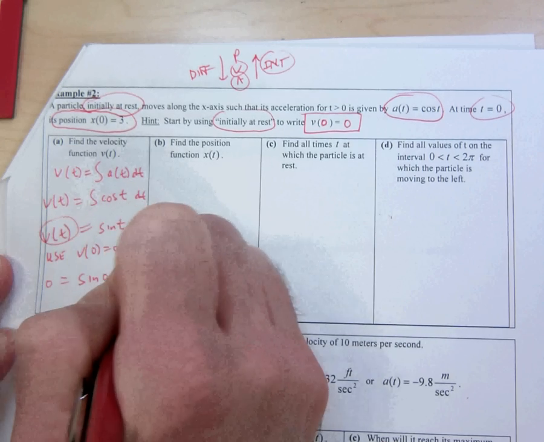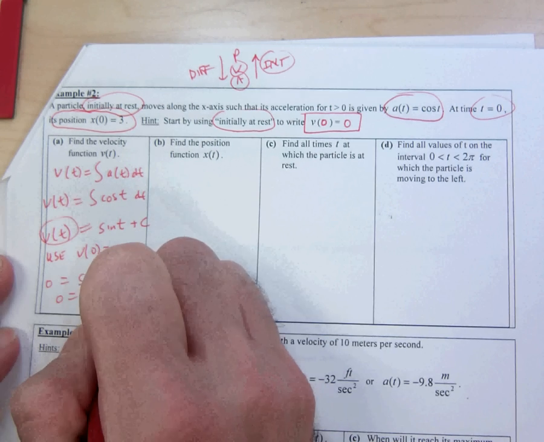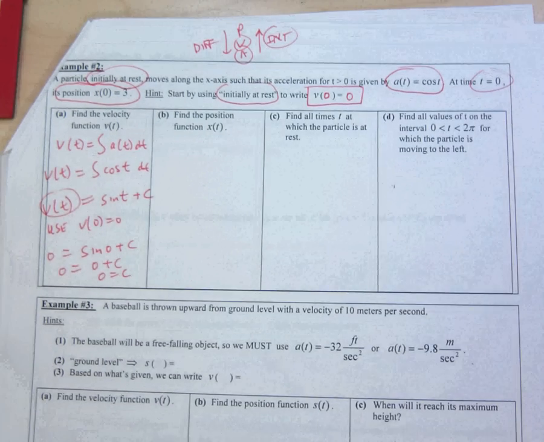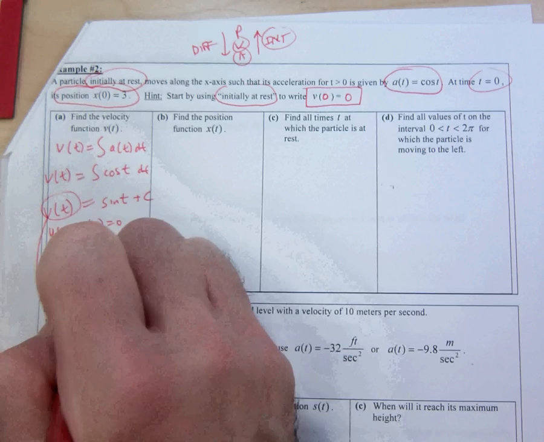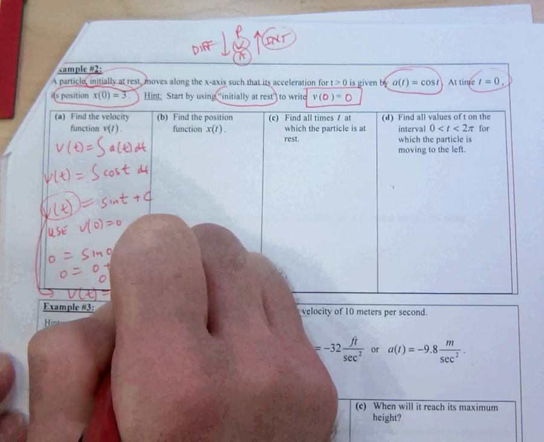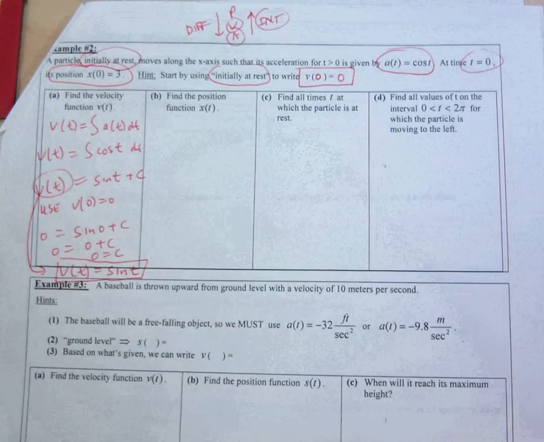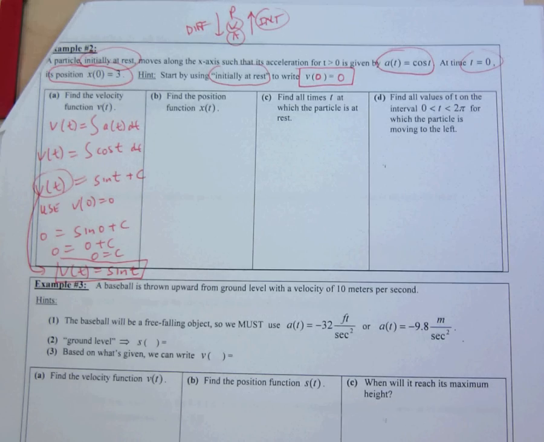And what is the sine of 0, guys? 0? So c equals 0, isn't it? So once you get c, you can update this. You get v of t is just sine of t. Okay? All right, you guys should be writing this down.